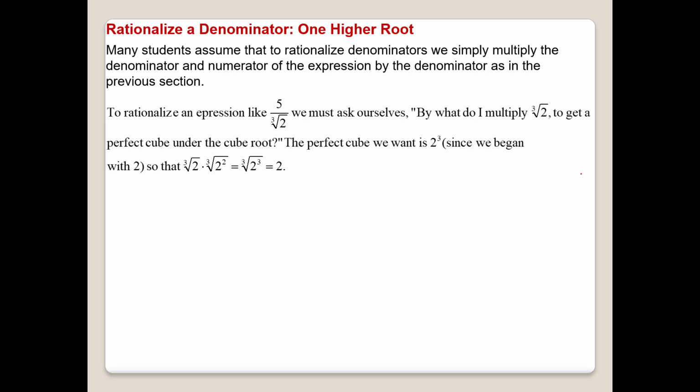The perfect cube we want is 2 cubed. Since we began with 2, the cube root of 2 times the cube root of 2 squared would equal the cube root of 2 cubed, which gives us 2.